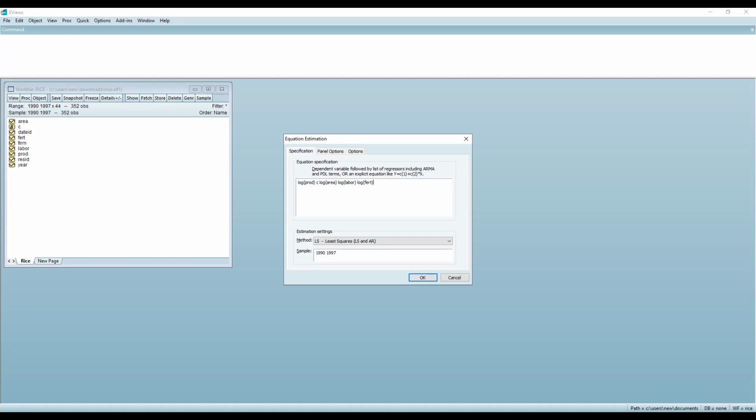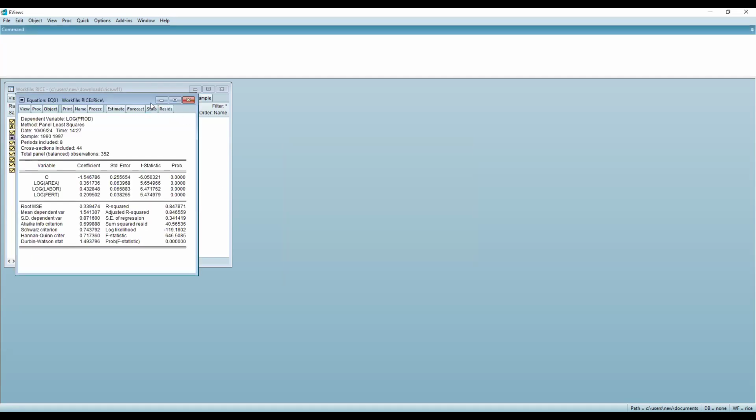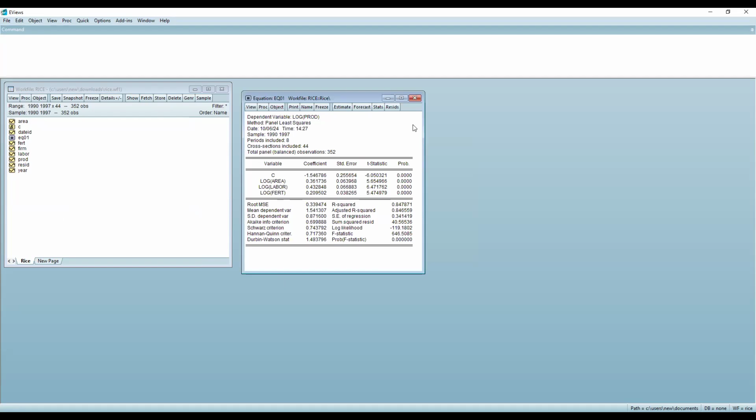So you just do this one, the equation, right? And then you see with your eye that beta 2 hat, beta 3 hat, beta 4 hat are 0.36, 0.43, 0.02. Okay, you sum it.